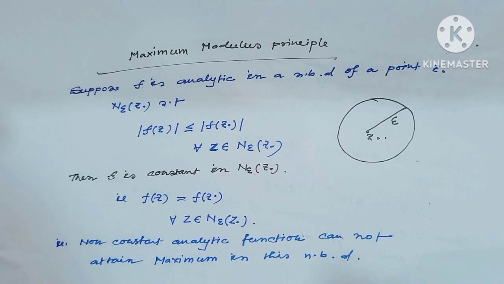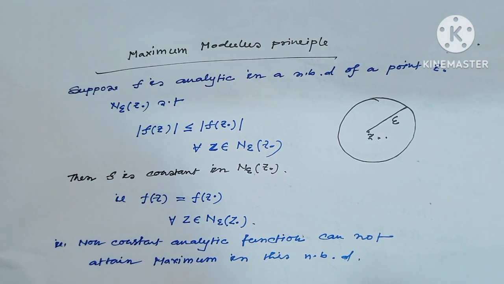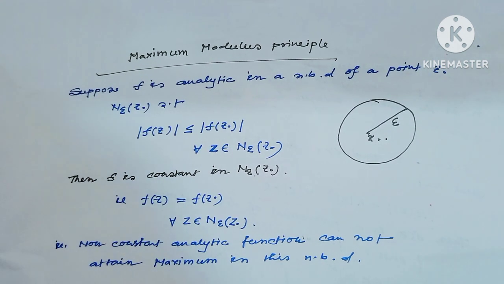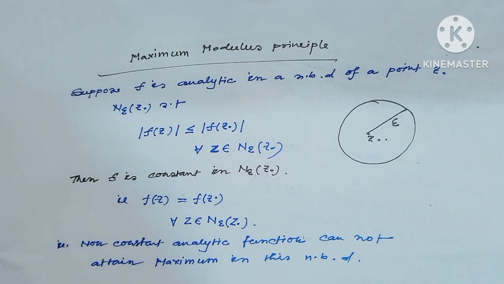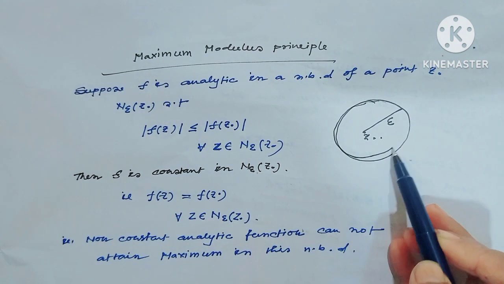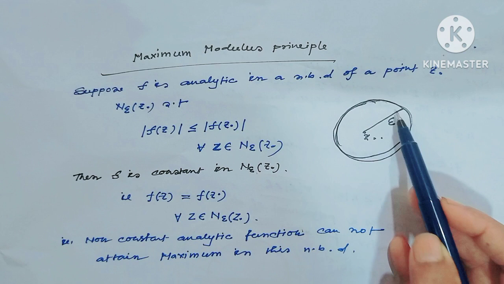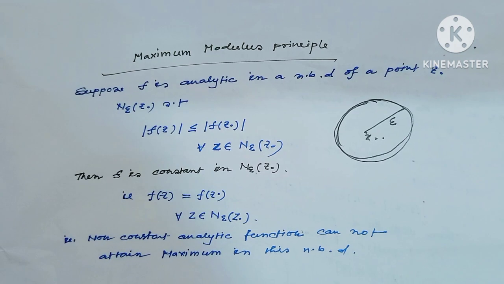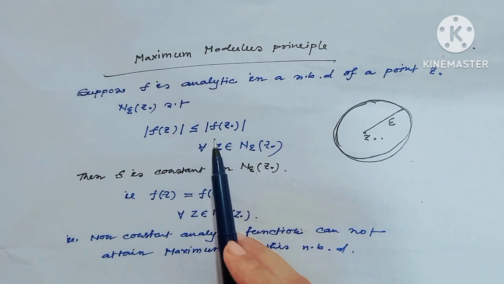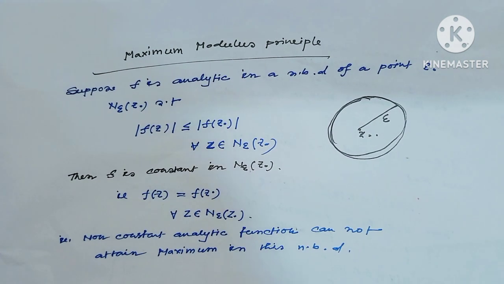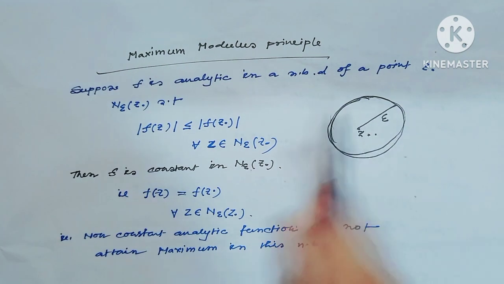Now I will see our actual goal of this lecture: the maximum modulus principle. What is the maximum modulus principle? Suppose f is analytic in a neighborhood of a point z0, and consider the ball of epsilon radius, the neighborhood N epsilon of z0, such that modulus of f(z) is less than or equal to modulus of f(z0), and this is true for all z belonging to this ball.